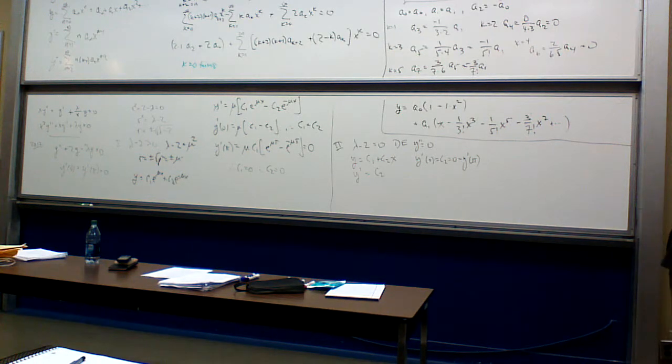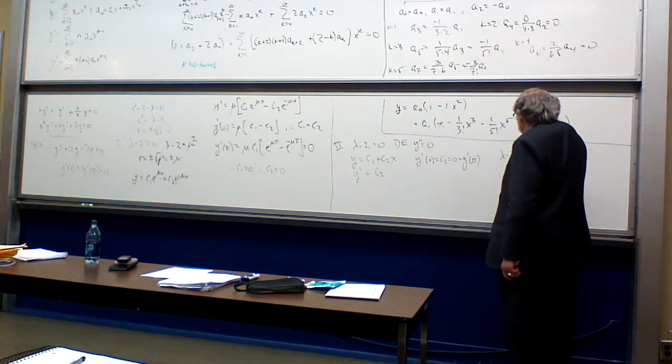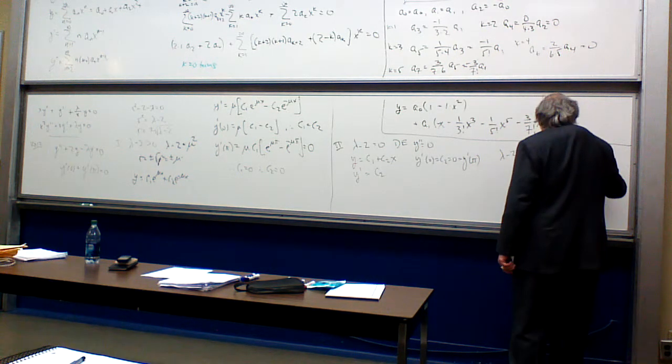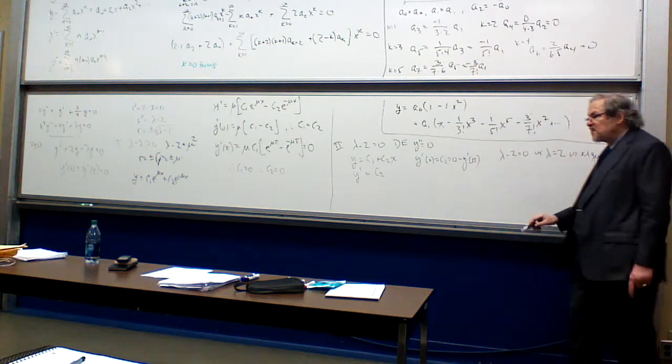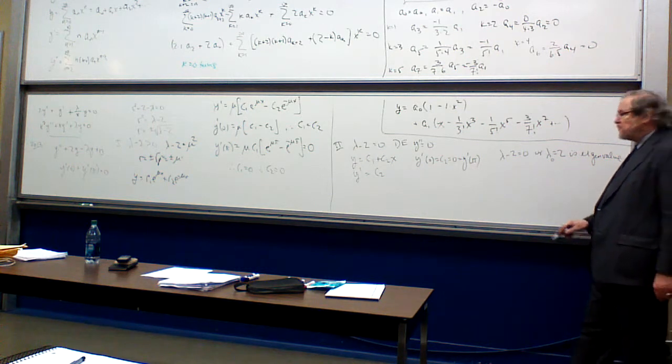So I have no restraints on C1, and therefore I conclude that lambda minus 2 equals 0, or lambda equal 2, is an eigenvalue. I'm going to label it lambda 0 now.